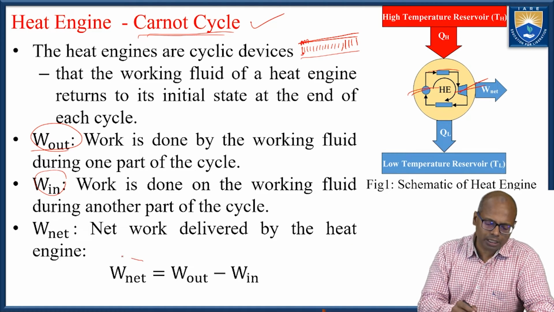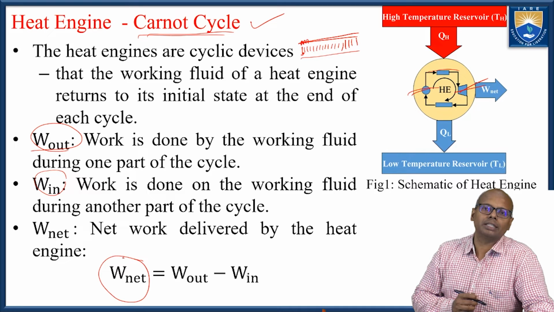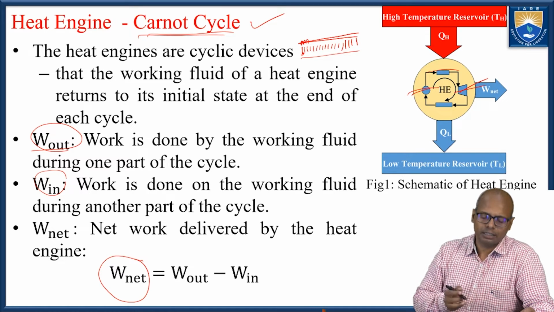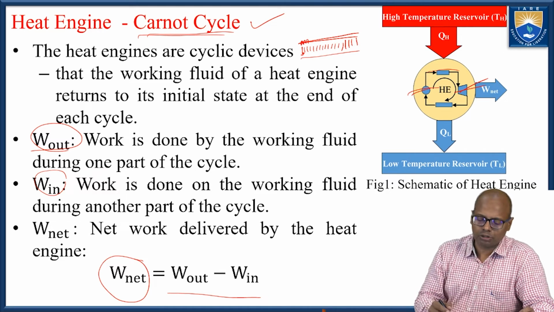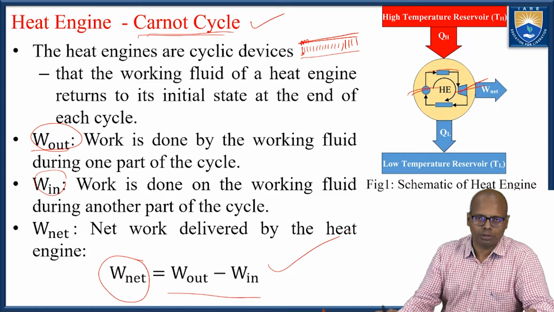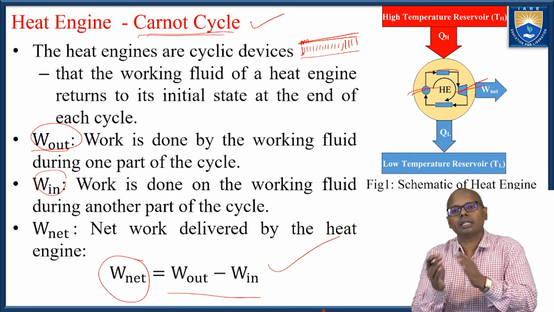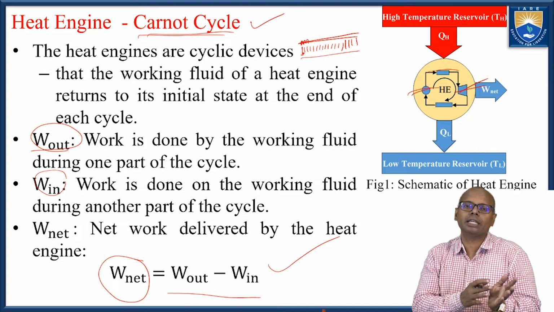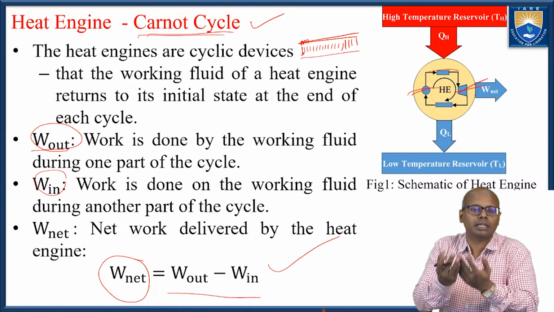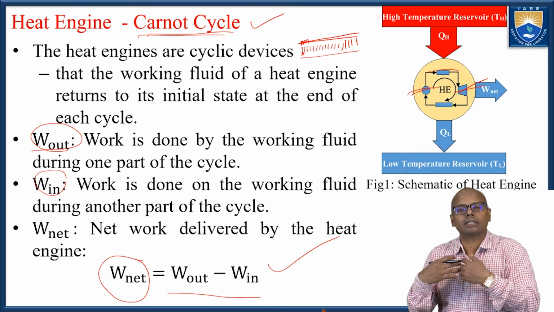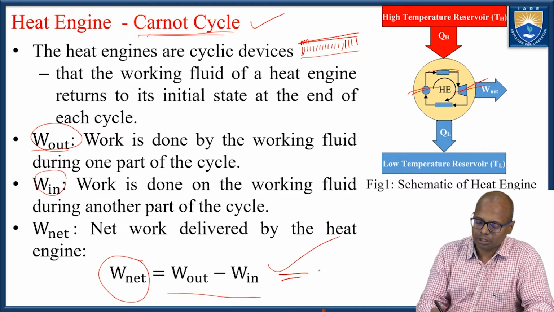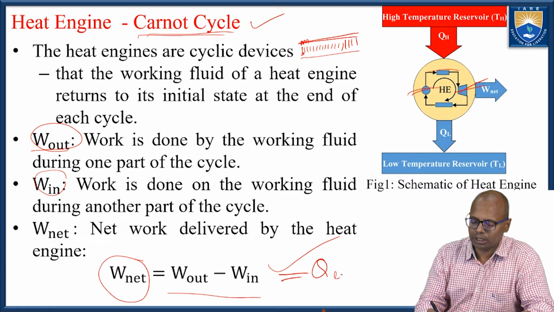So the net work given out by the heat engine is equal to the work output of the turbine minus the work input to the compressor. So this is another formula. Previously we saw it is the difference between the heat taken and heat rejected. So the net work done is equal to, I will write here, Q_in minus Q_out.